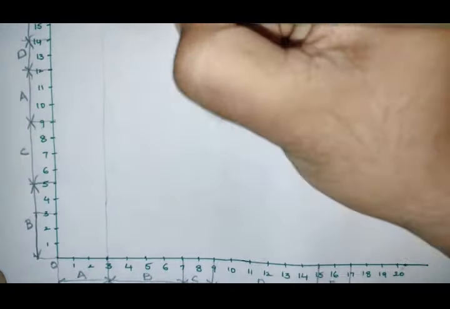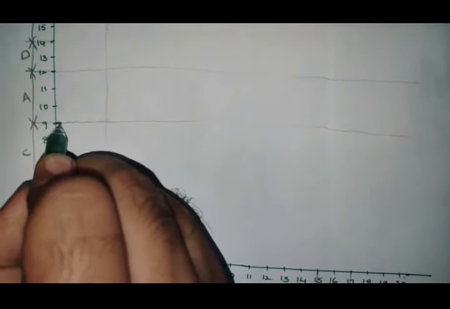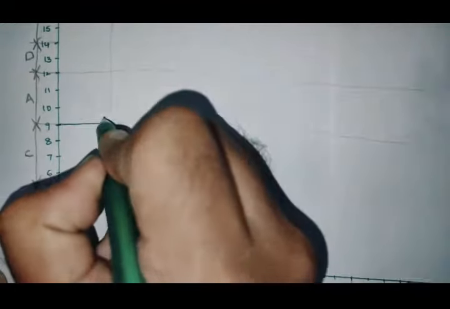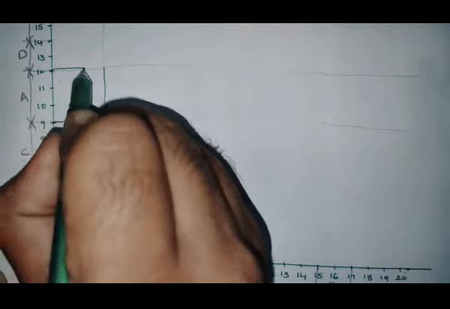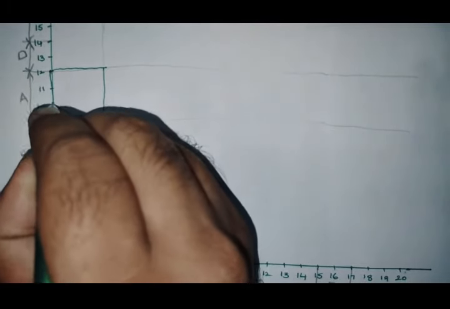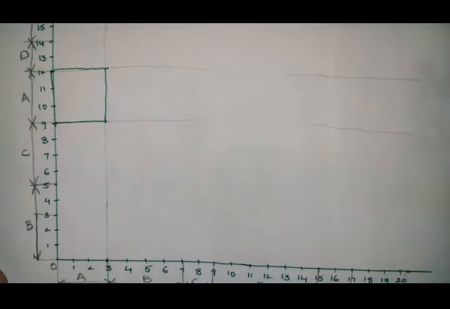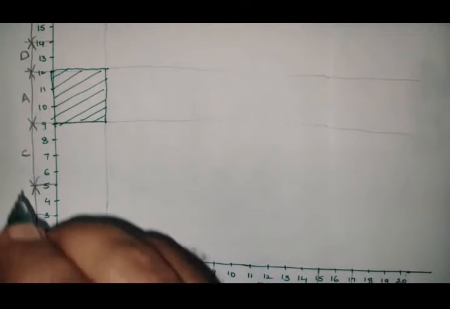So this is the common region of mission A for both job 1 and job 2. So now let us represent that one. So this one is the common region for both job 1 and job 2 of mission A. So please do like this. So this is corresponding to mission A.